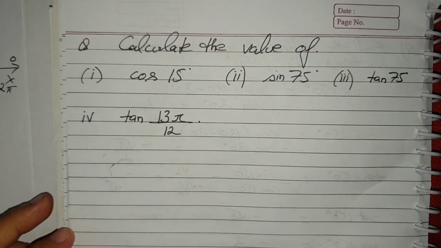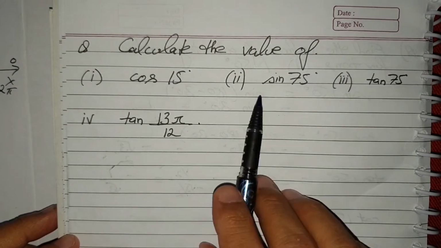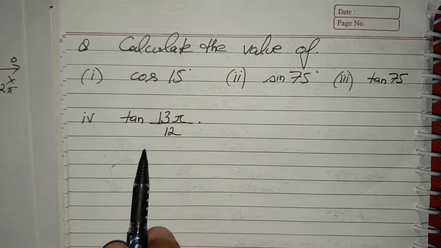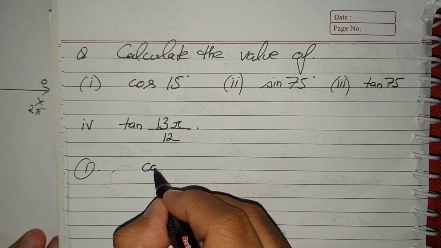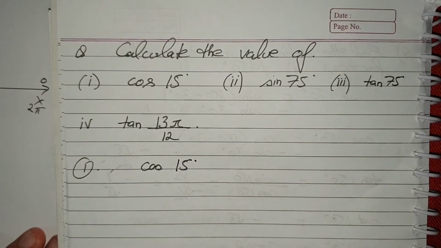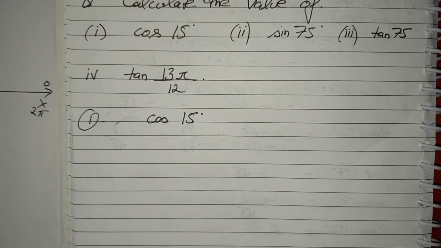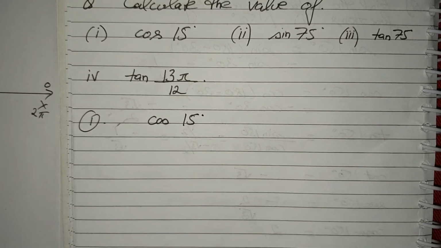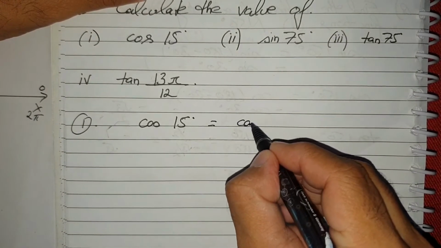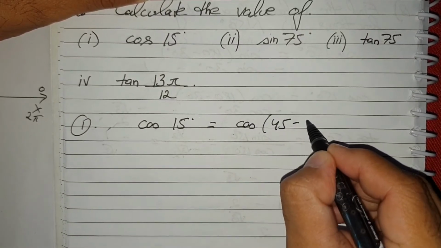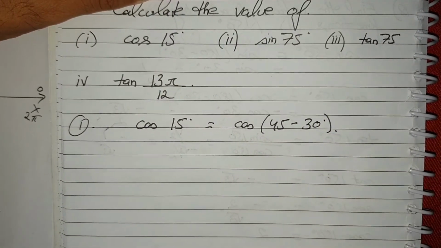Cos 15 degree, sine 75, tan 75, tan 13 pi by 12. So let's start with cos 15 degree. You can write cos 15 as cos 45 minus 30.